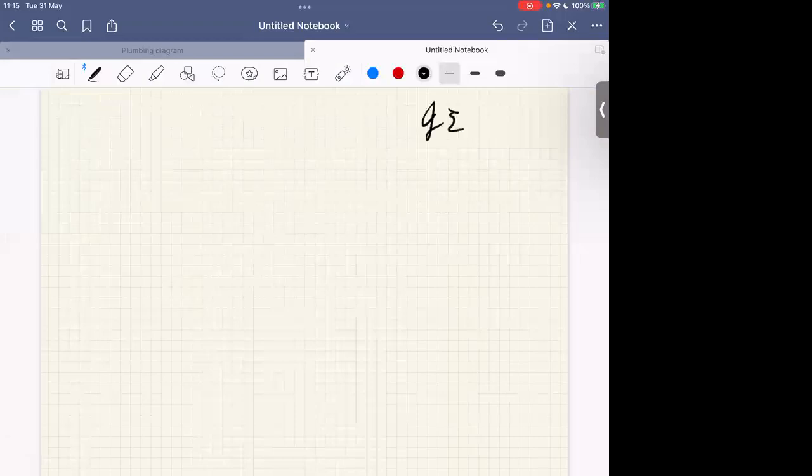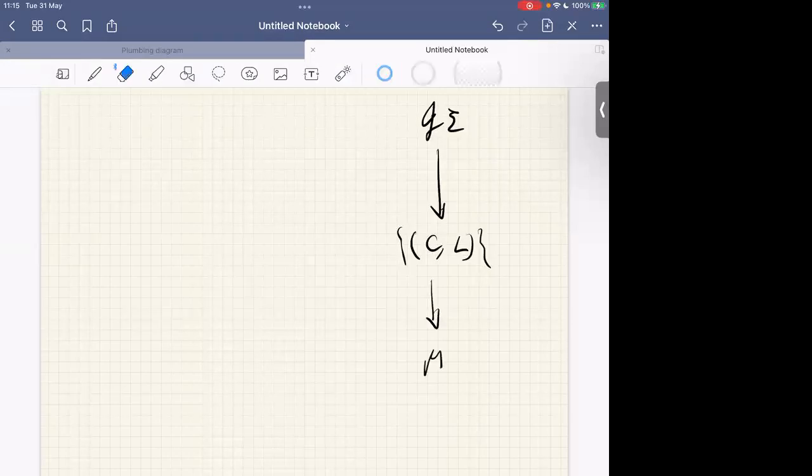So I have the stack of surfaces. I can go down to the stack of pairs consisting of a curve and a line bundle, and then I go down to the stack of curves, just the moduli stack of genus g curves.